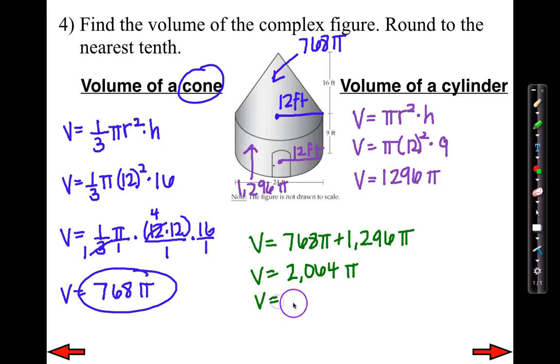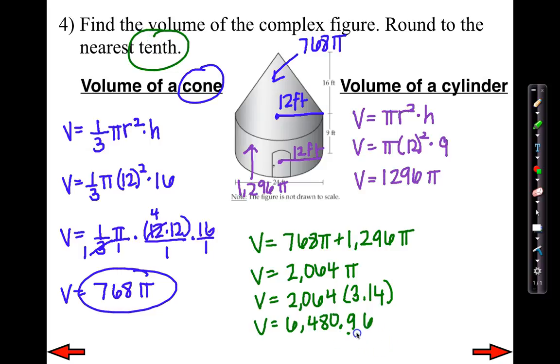We're going to go ahead and replace pi with 3.14, which again is just an approximation of pi because pi is irrational and it goes on forever. So here, let's go ahead and multiply 2,064 by 3.14, which is going to give us 6,480.96. Since we are asked to round to nearest tenth, let's go ahead and check.